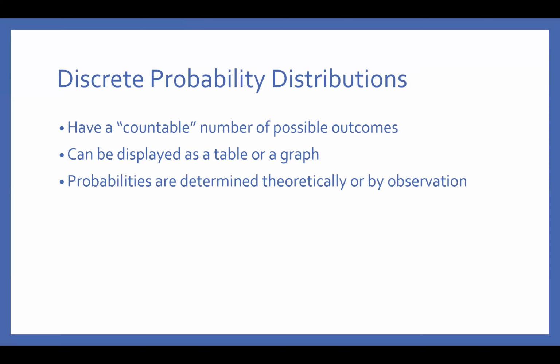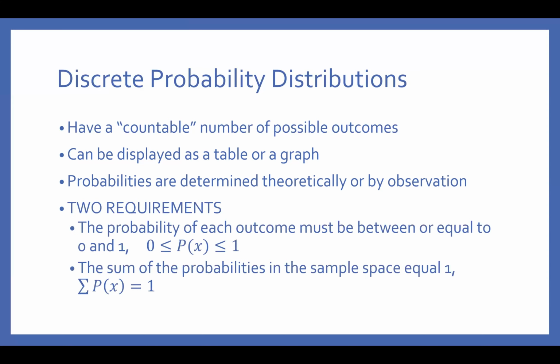Again, the probabilities are determined theoretically or possibly by observation. And again, the 2 primary requirements are that the probability of each event or each outcome has to be between 0 and 1. Probability should never be negative, and it should never be greater than 1. And then secondly, if you look at all of the options, the sum of the probabilities in the sample space are equal to 1.